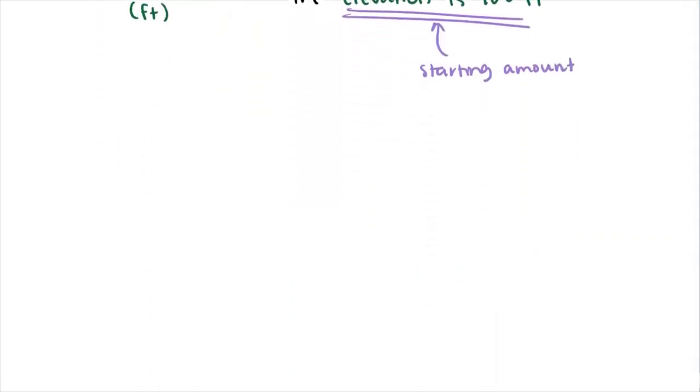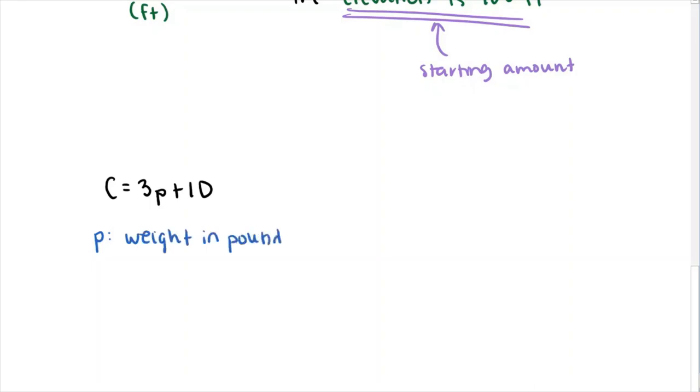Let me give you one more example. Let's say I've got c is equal to 3p plus 10. Maybe this equation is telling me the cost in dollars to send a package of a given weight. So in this case, the weight is coming from this variable p. The weight of the package is represented by p, weight in pounds, how many pounds the package is.